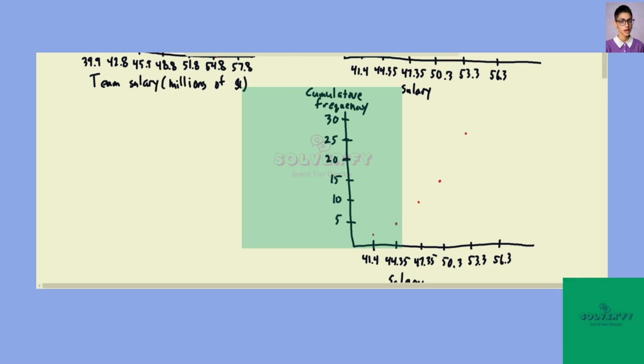And then that last one is 5, so that's going to 31. And again, we just connect the dots. All right, so this is our ogive.